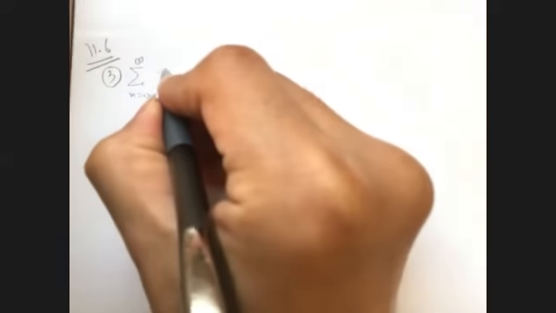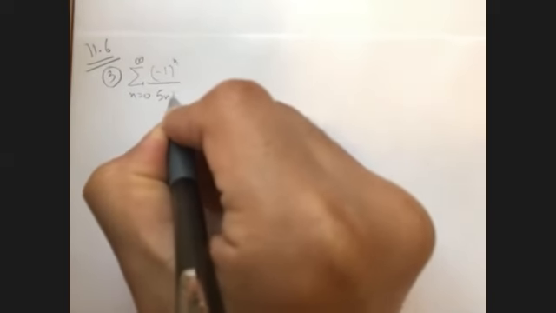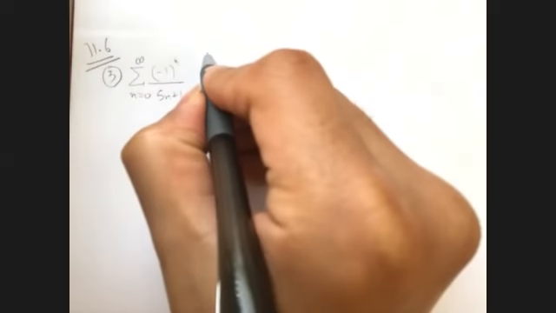Determine whether the series is absolutely convergent or conditionally convergent. The series is... so this is an alternating series.